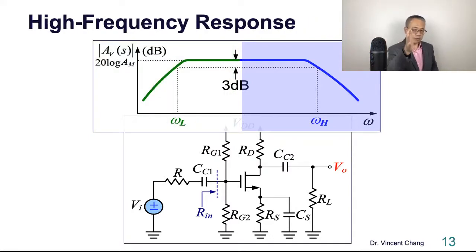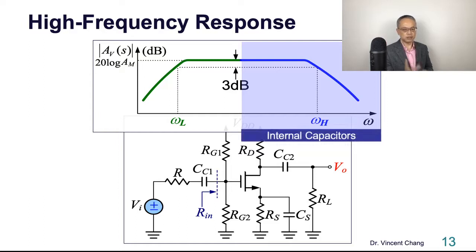So maybe you are wondering why the gain will decay at high frequency. There's a cause. The major cause is the internal capacitor. Remember, this is frequency dependent, so it must relate to a frequency dependent component. What component?